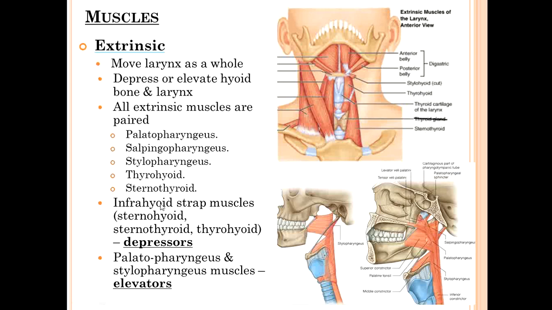And the fifth is sternothyroid, coming from below, from the sternum and inserting into the thyroid cartilage.